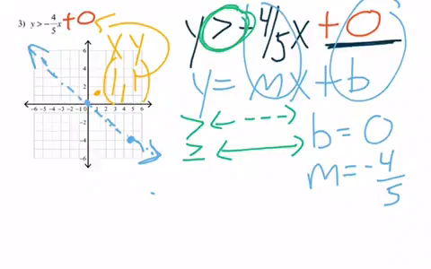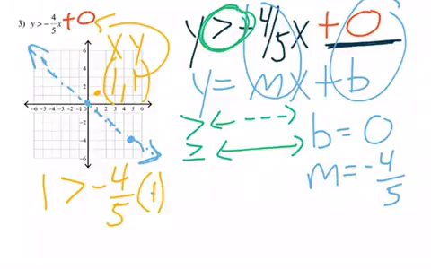So instead of y is greater than negative 4/5 x, it'd be 1 is greater than negative 4/5 times, and my x value is 1 as well now. Well, any number times 1 is itself, so negative 4/5 times 1 is negative 4/5.